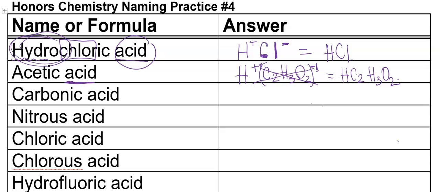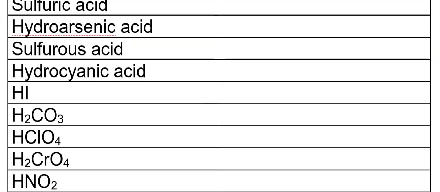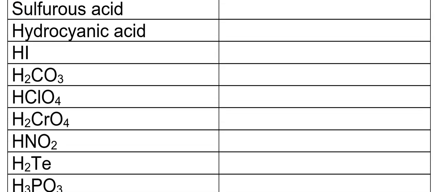All right, so I'm going to go down further now on how we write the formulas. A big indication that there is an acid is the fact that we have a hydrogen starting with. We have H2O, which is amphoteric. That means water can be an acid or a base. That's the only exception. But if we see an H present, we're going to automatically write the word acid.